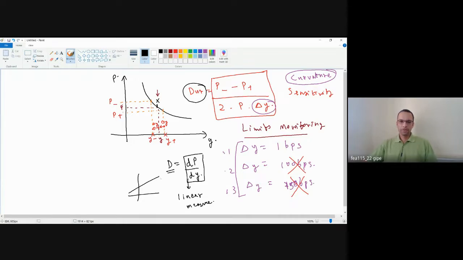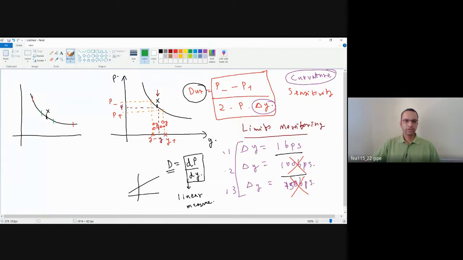So now, coming back to our discussion, let me redraw this figure once and show a comparison of 1 basis point versus let's say 100 basis points. Let's say I'm standing on point X. Let's say this is my 1 basis point, and this is my 100 basis points.